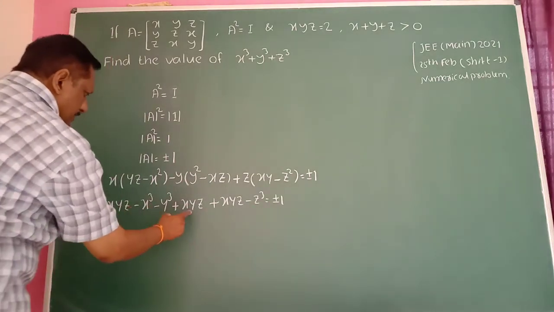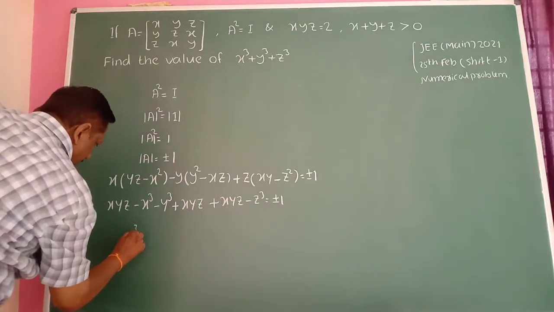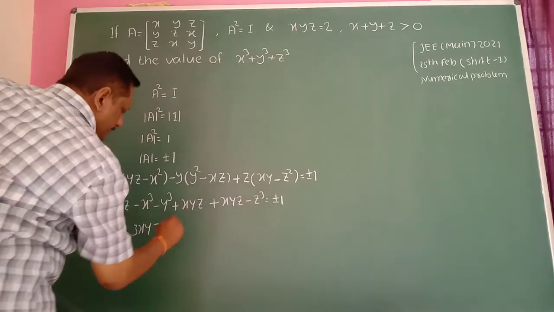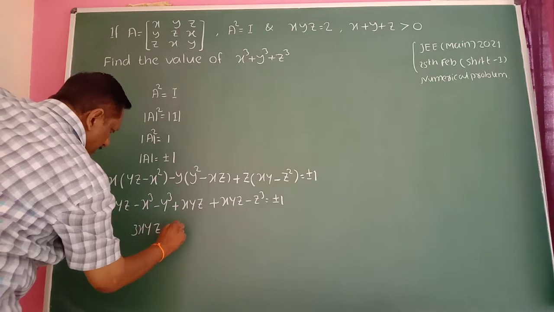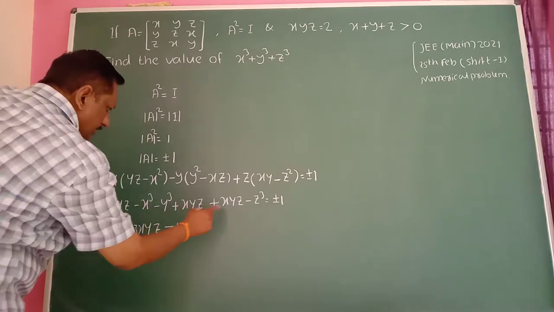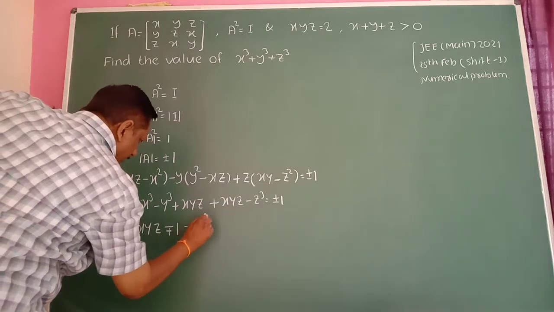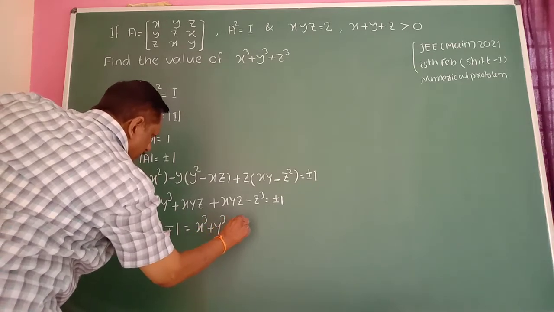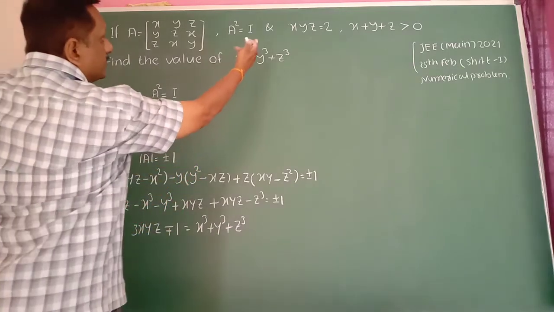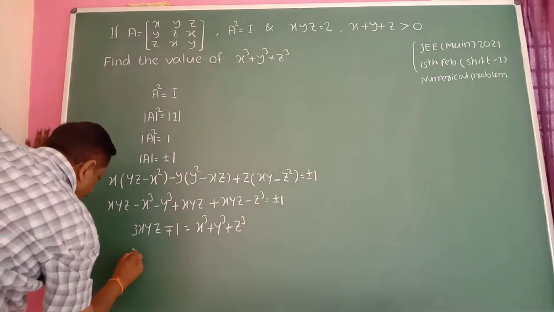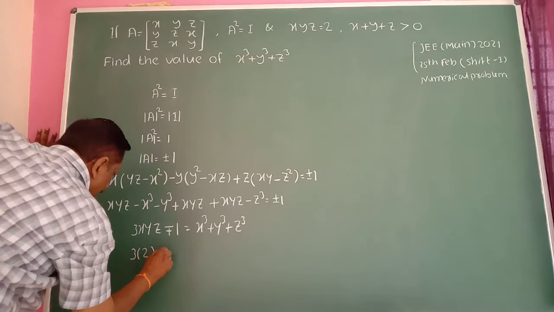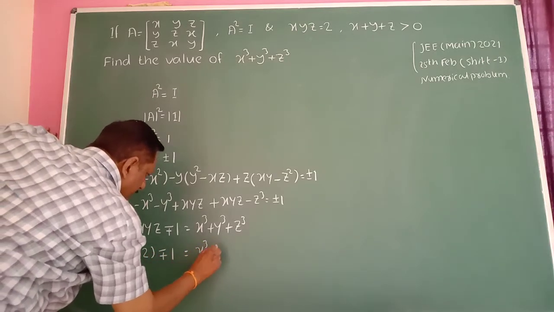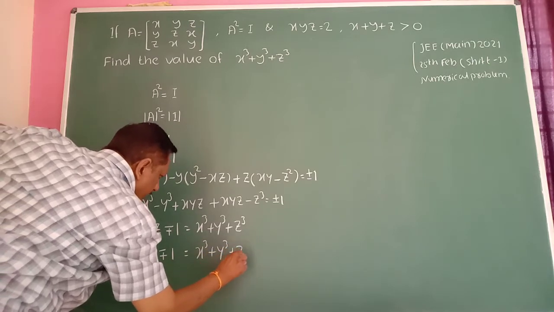Therefore xyz plus xyz plus xyz is 3xyz. Take plus or minus 1 on the left side, minus or plus 1 is equal to, taking these three terms to the right hand side, x cube plus y cube plus z cube. They already gave the xyz value above, so 3 into 2 minus or plus 1 is equal to x cube plus y cube plus z cube.